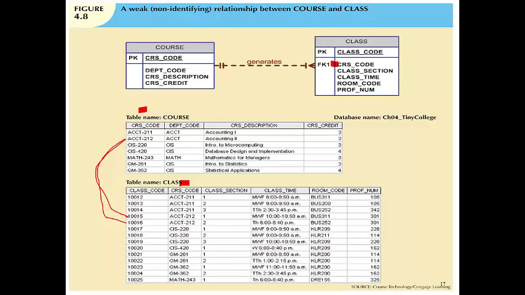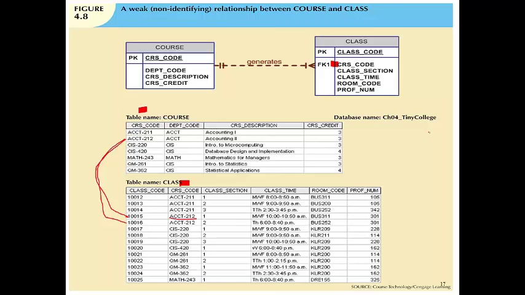And the relationship is given by the idea that we can store only one value for each instance of class in our course code to make our relationship to the appropriate instance of course.